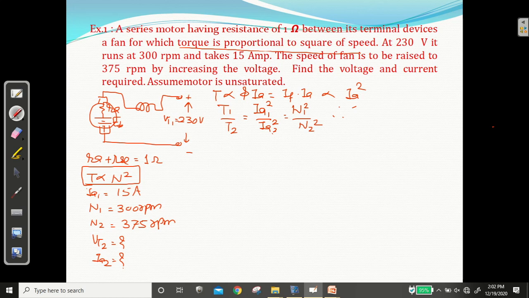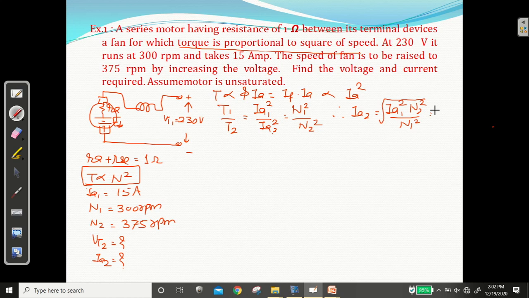Hence IA2 equals IA1 square into N2 square upon N1 square, and under root of that you will get the answer.